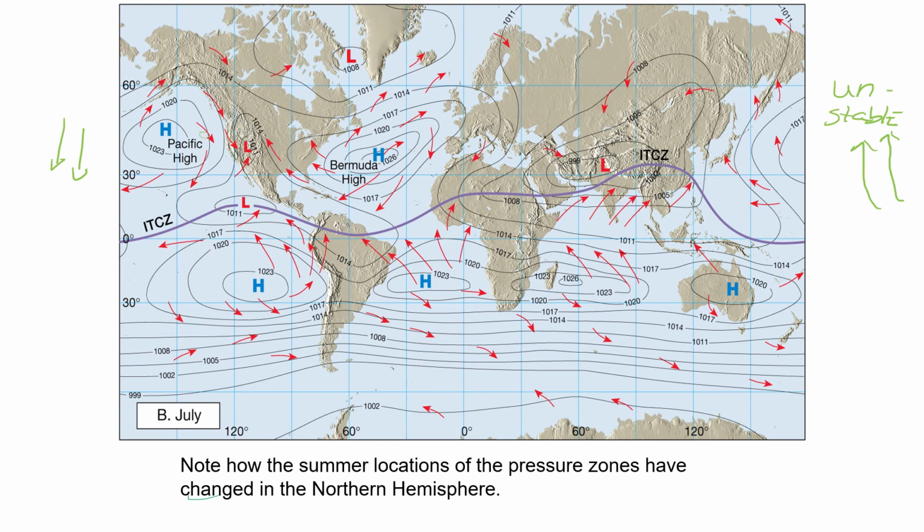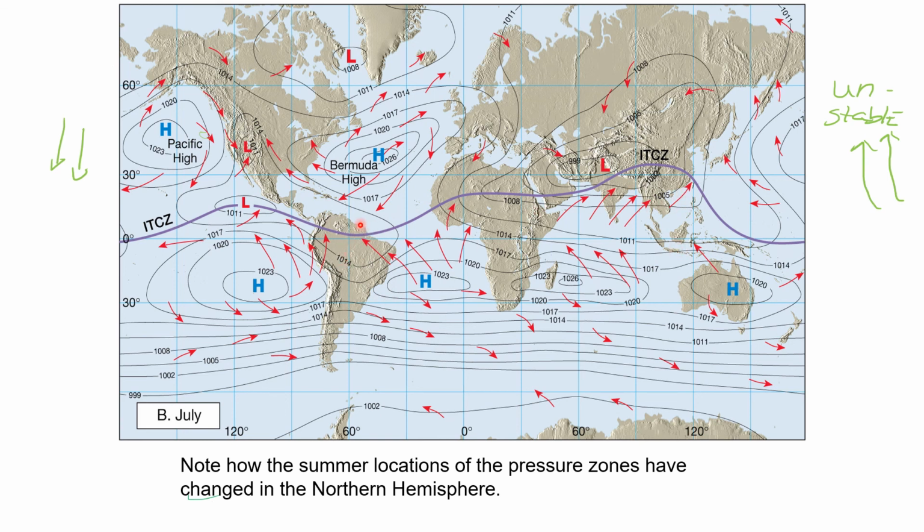Then the ITCZ, shown by this purple line right here, which I didn't even mention back on the other map, has moved with the high sun too. If you go back to that winter map, you'll see that it is down here to the south, but it shifts with the high sun as well. And there are places in the world that, no matter if it shifts to the north or south, are always under its influence.